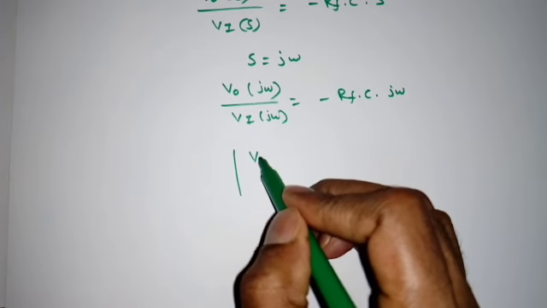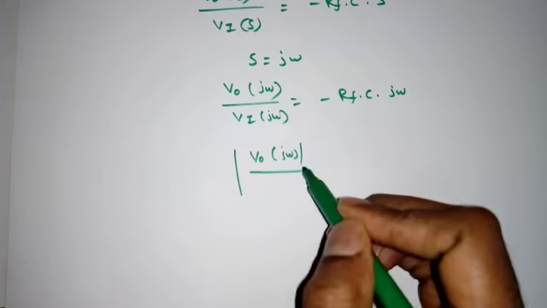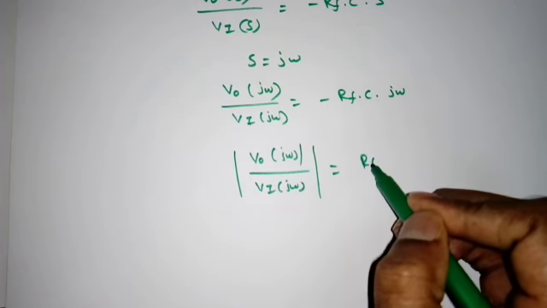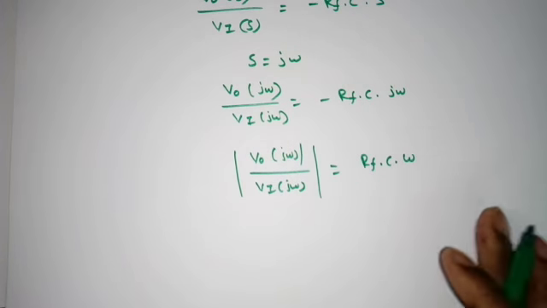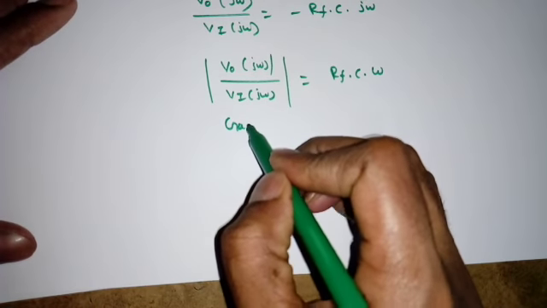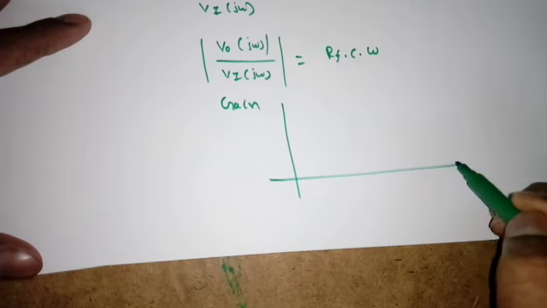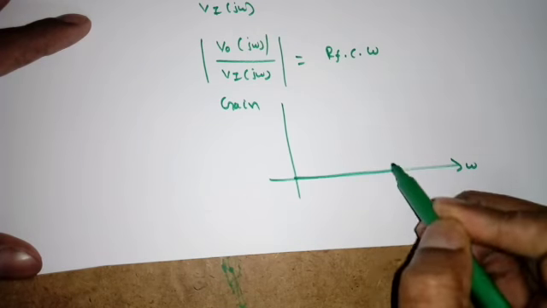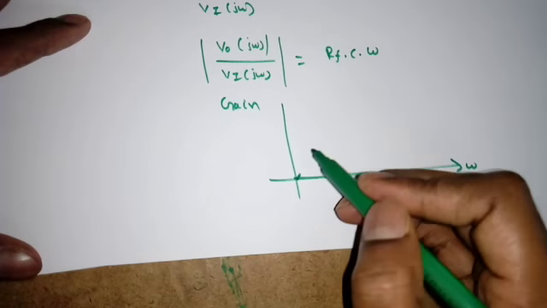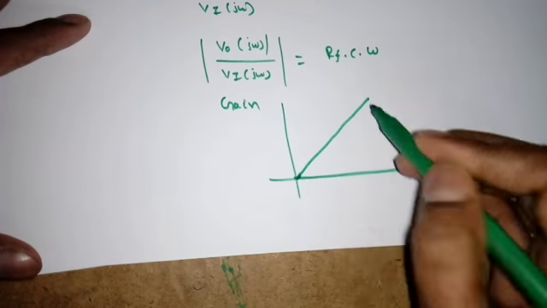Now if I take the magnitude, it is simply RF into C into omega. So when we plot the frequency response, this is the gain. With respect to omega, as omega is equal to 0, we'll get 0. As omega is increasing, suppose omega is equal to infinity, it is increasing only.